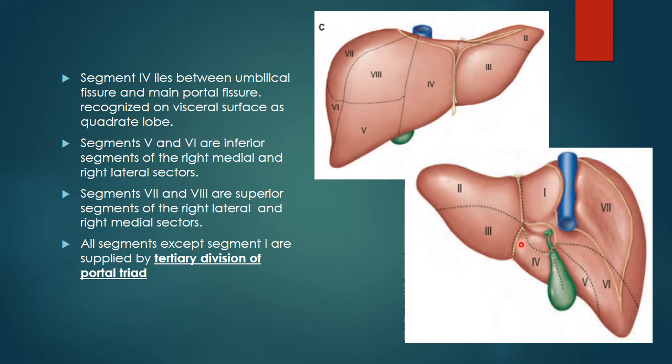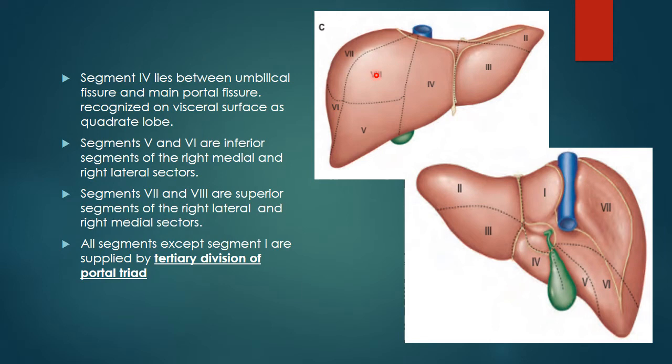Segment 5 and segment 6 are the inferior segments of the right medial and lateral sectors, while segment 7 and segment 8 are the superior segments of the right lateral and right medial sectors.